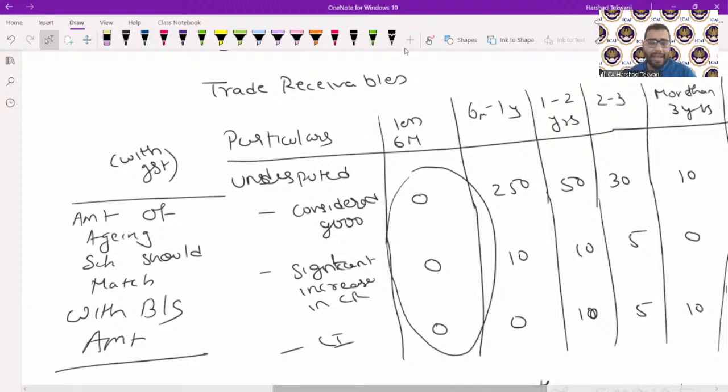But again, you need to see the point here: it should be aligned with what I am showing in my schedule. If I'm showing it in the schedule, then the aging should disclose the same way. So the point is, if you are showing X amount in the schedule or in the balance sheet, you need to show X amount in the aging also. Clear?